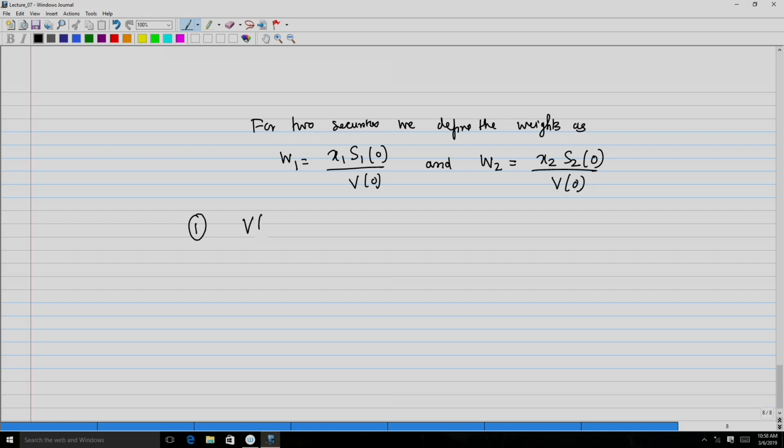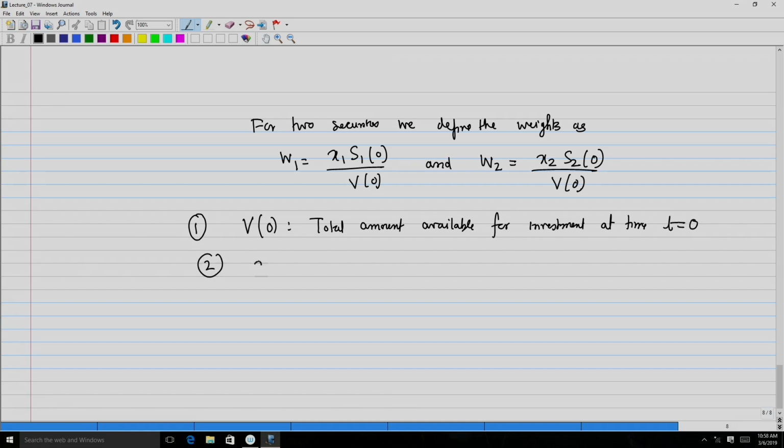First of all, let us start off with V0. V0 is basically the total amount available for investment at time t is equal to 0.